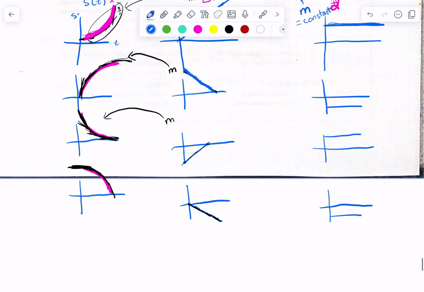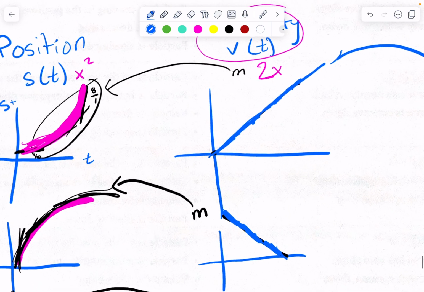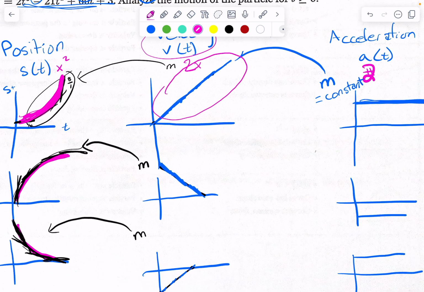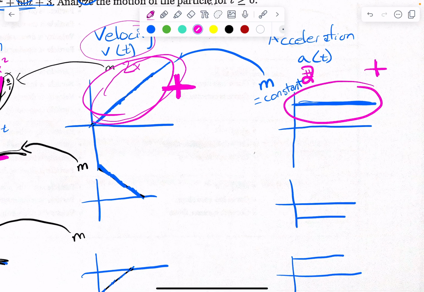Now, here's the deal. We can look at this and we can say, okay, this graph right here, for my velocity, this curve was all positive, right? All positive because it's above the x-axis here, right? This one is also positive because it's above the x-axis here, so that's positive, positive.